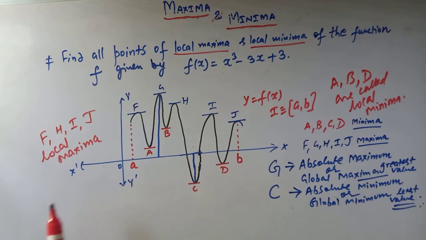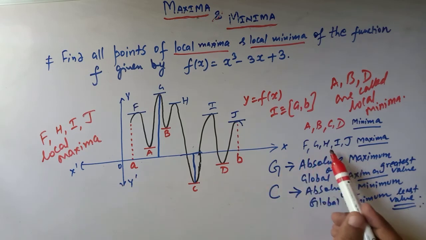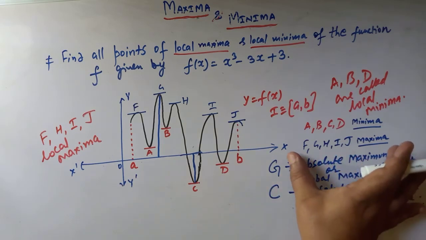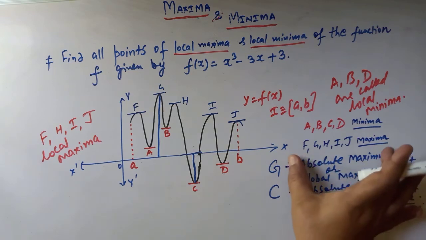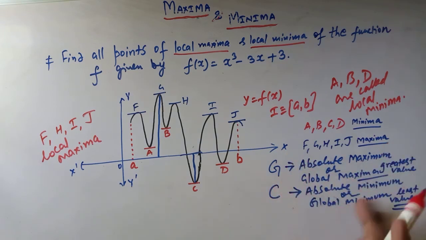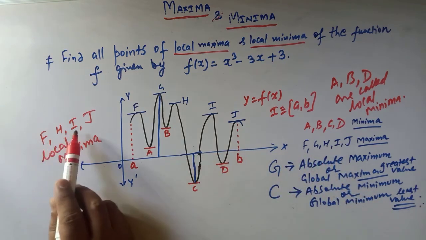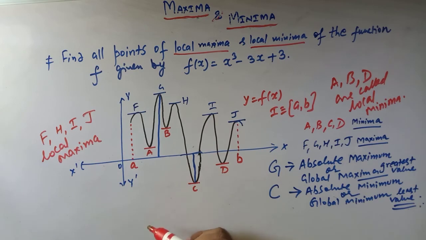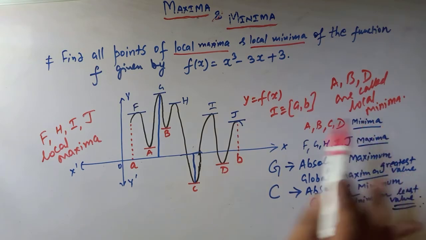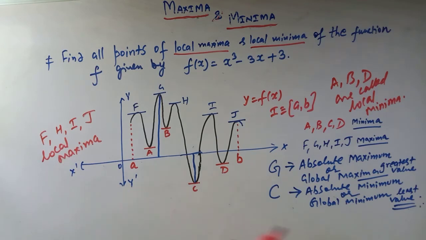Similarly, F, G, H, I, J are the points of maxima, and out of these five points, G is the absolute maximum, the global maxima or the greatest value, and the other points F, H, I, J are the points of local maxima. I hope the concept of absolute maximum, absolute minimum, local maxima, and local minima is clear to you.